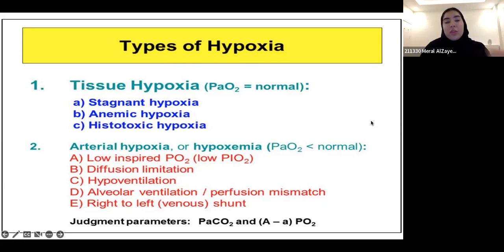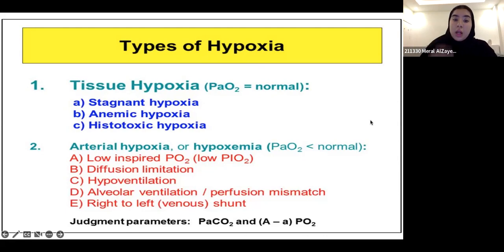So if we have reduced levels of hemoglobin, oxygen delivery will decrease because we know that oxygen binds to hemoglobin. And this will lead to hypoxia, okay? As for histotoxic hypoxia, the tissue itself can't use the oxygen. So the problem isn't with, like we mentioned before, the hemoglobin or an obstruction or something like that.